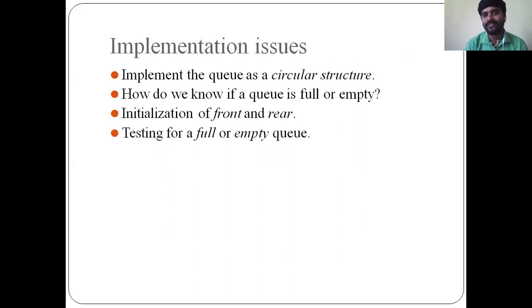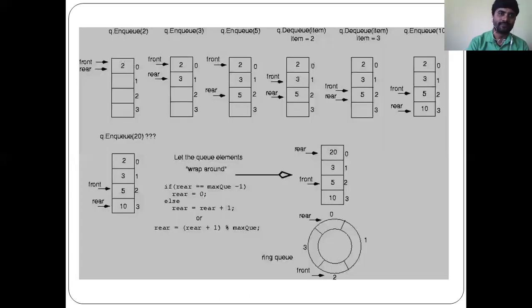Initialization of the front and the rear is also difficult, as is testing for a full or empty queue. These are the most important issues in a queue: first the circular structure, second how to find full or empty, and third initialization of front and rear and testing for a full or empty queue.